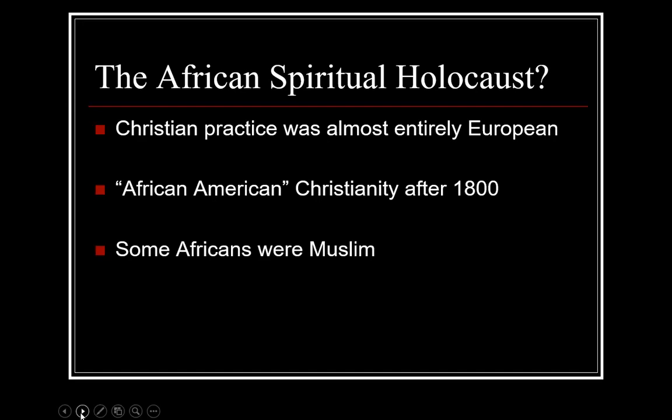Furthermore, it's important to recognize that there was a sizable portion of slaves that were Muslim. It's estimated that between 15 to 20% of slaves were practitioners of Islam. As I mentioned, Islam had spread throughout Africa, beginning in the 7th and 8th centuries through this time period we're talking about.